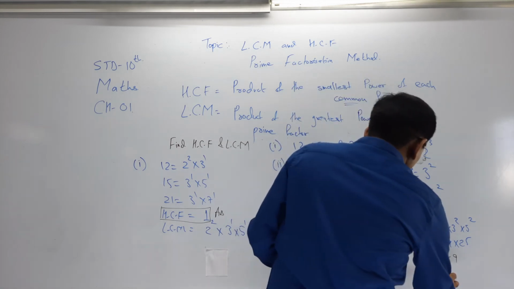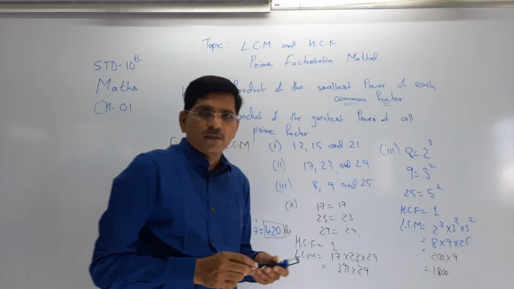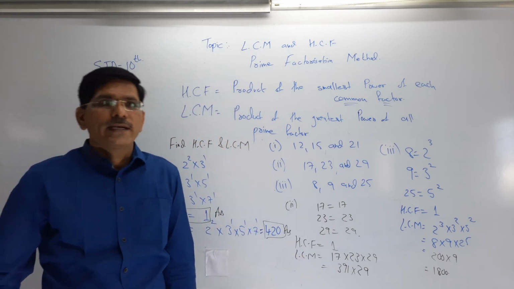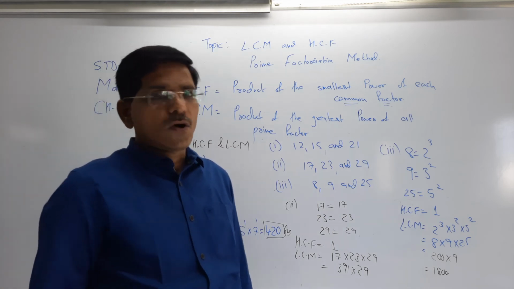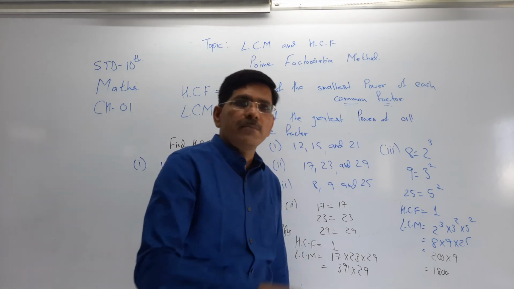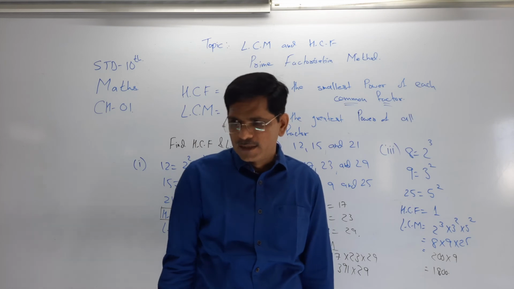That is 1800. So 1800 is the answer. So in exercise 1.3, we have discussed the prime factors of 3 terms and 2 terms, and by using them we find HCF and LCM.